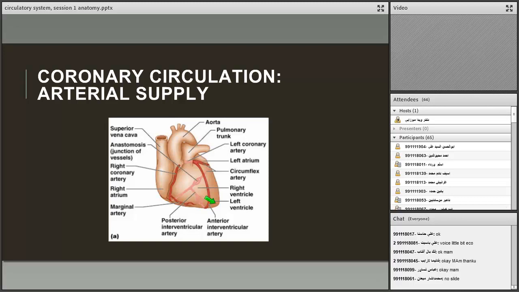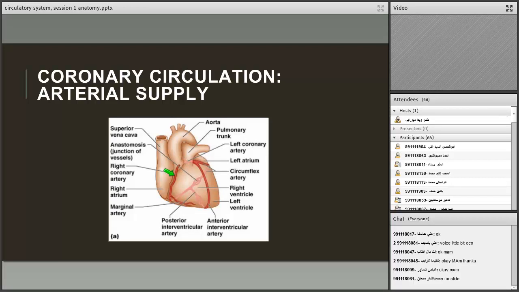There are some arteries called coronary arteries. There are two coronary arteries, left and right. Look at here, left coronary artery and right coronary artery. They are branching from the aorta, at the beginning part of the aorta.